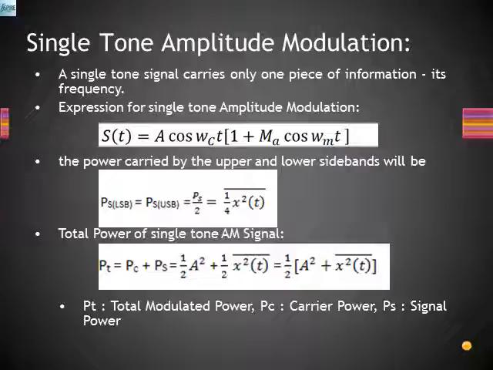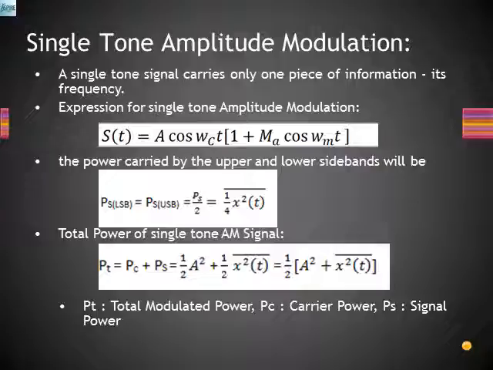Here A is the amplitude of the carrier signal, omega_c is the frequency of the carrier wave, omega_m is the frequency of the modulating signal, and m_a is the modulation index which we have calculated in the previous slide, which is h equal to m over a.